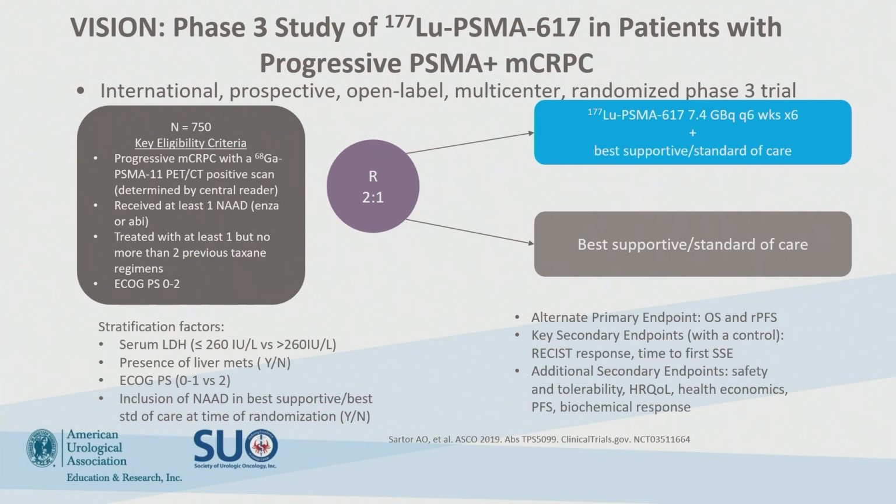Patients were enrolled and randomized in a 2-to-1 fashion to receive Pluvicto plus the best supportive or standard of care treatment option versus best supportive or standard of care treatment on its own. Now, in patients who have already had an AR pathway inhibitor, we have discussed that commonly these studies have been designed around the alternate AR pathway inhibitor being considered a standard of care. And so for many patients, that alternate AR pathway inhibitor was the best supportive or standard of care.